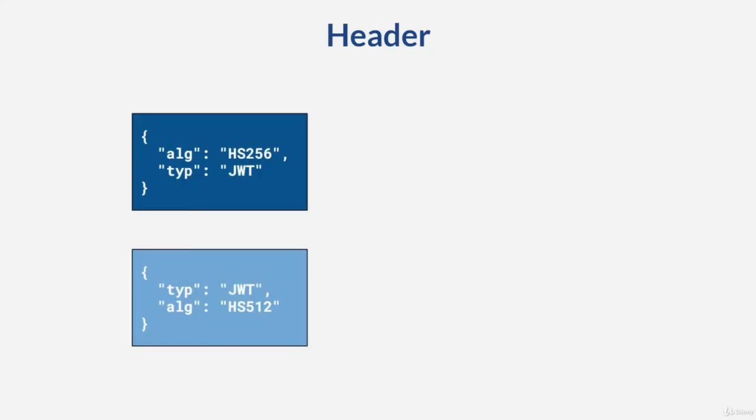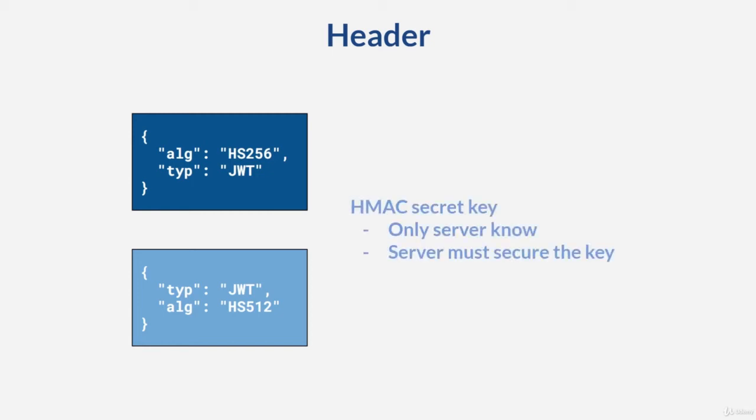Let's talk about the blue sample first. In these two samples, we tell the server to validate the JWT token by using a particular HMAC SHA algorithm specified in the alg field. The HMAC secret key is only known by the server, and it is the server's responsibility to secure the key. This is the easiest use of the header.